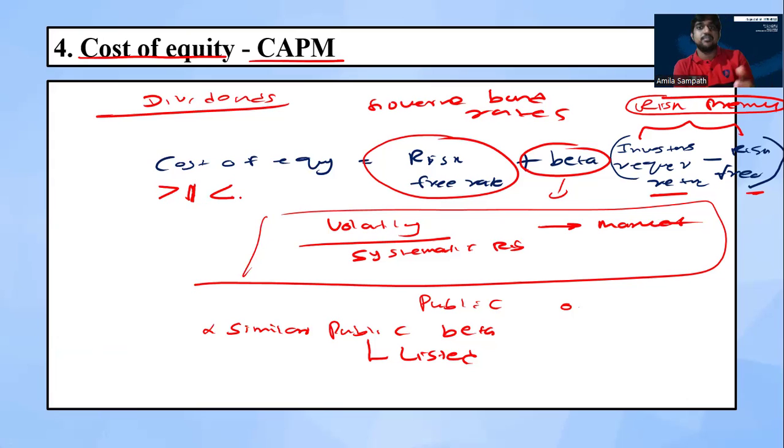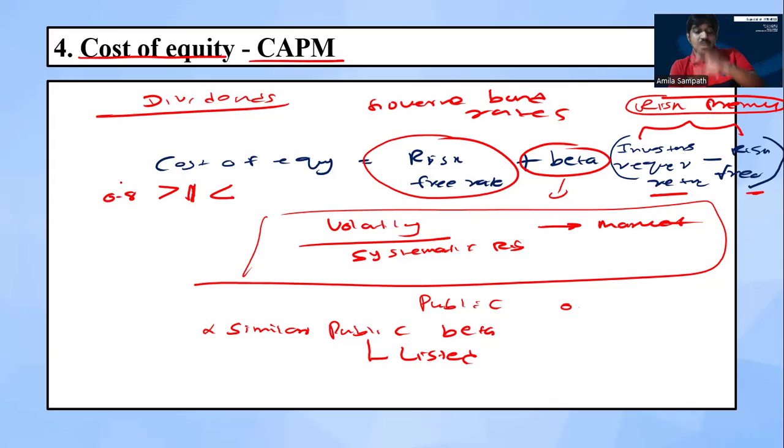Simply, our company behavior is exactly similar to the market behavior if it is 1. But if it is less than 1, let's assume it is 0.8, that means our company risk is less than the market risk.